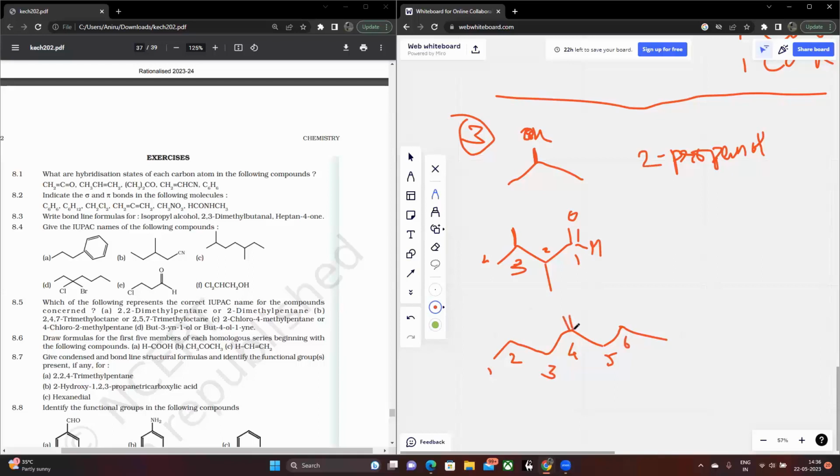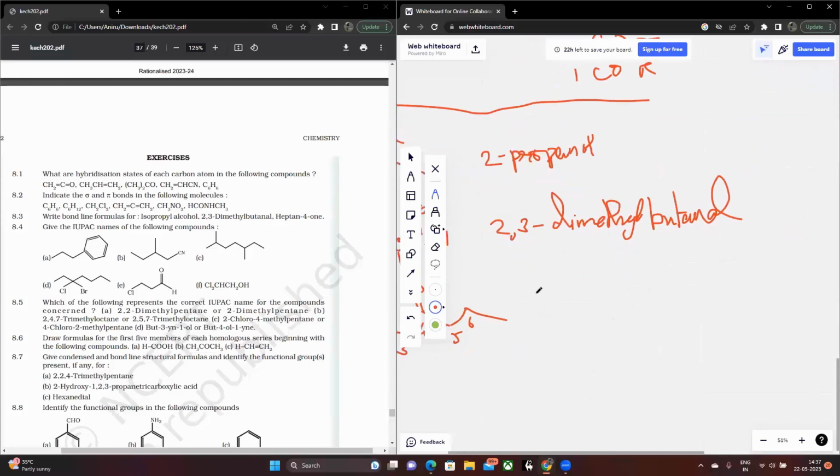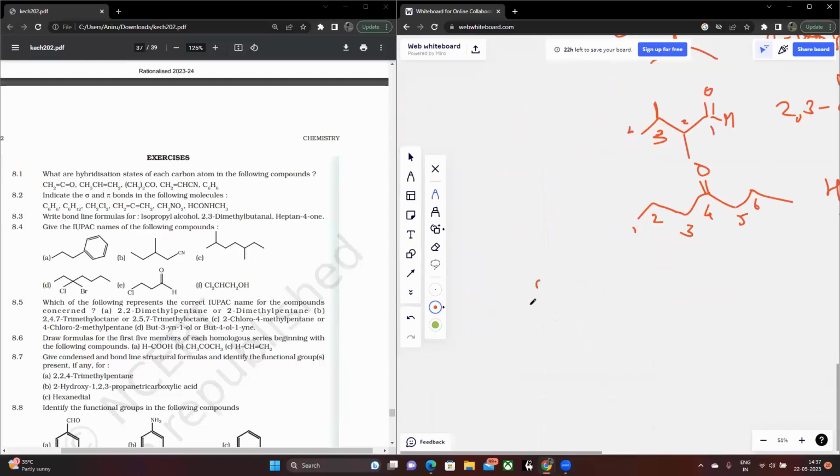And since it's heptan-4-one and a ketone is a double bond O, add it at 4, make a C=O. So this is the structure for heptan-4-one. I'll write this is 2,3-dimethyl-butanol. That takes care of 3.